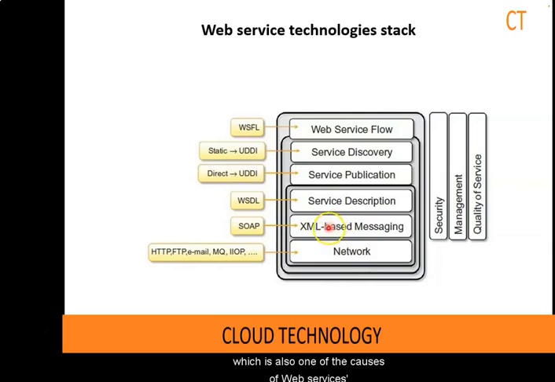XML-based languages are used to manage the low-level interaction for web service method calls, that is Simple Object Access Protocol (SOAP), for providing metadata about the services WSDL, for discovery of services UDDI, and other core operations. In practice, the core components that enable web services are SOAP and WSDL.